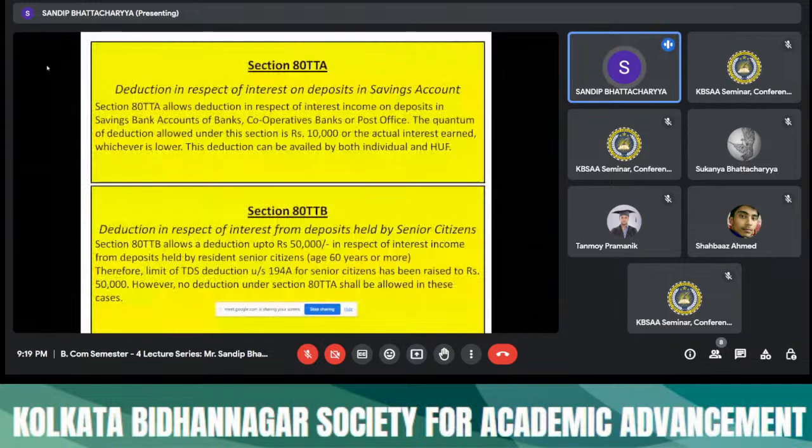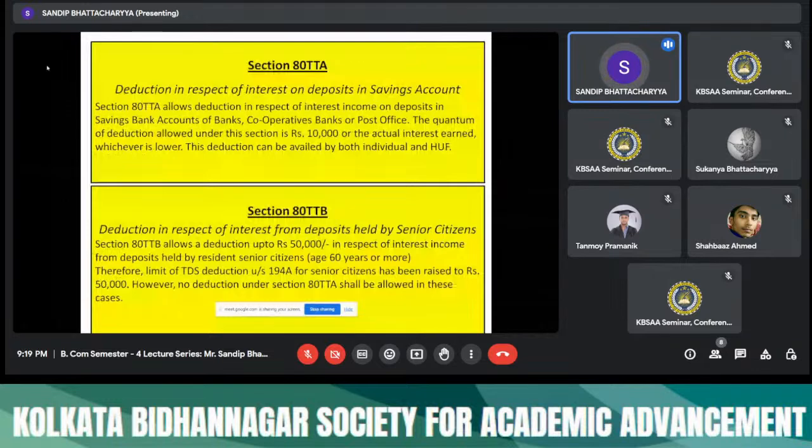Section 80TTA and 80TB, এই দুটোর মধ্যে ডিফারেন্স। You are supposed to be an individual less than 60 years and you have savings bank account, you will get maximum 10,000 of interest deduction.